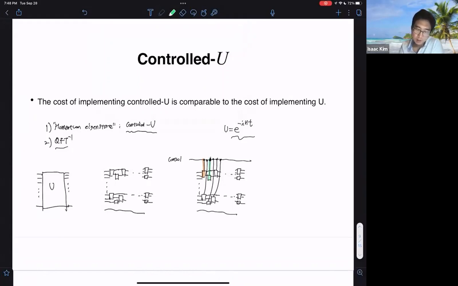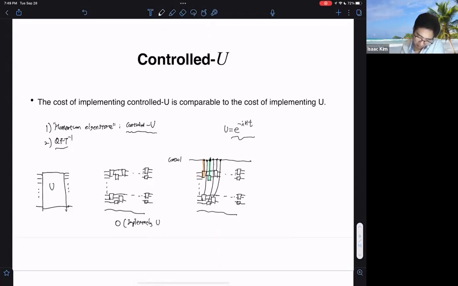So in the grand scheme of things, especially in big O notation, the complexity of implementing U is equal to the complexity of implementing the controlled unitary.